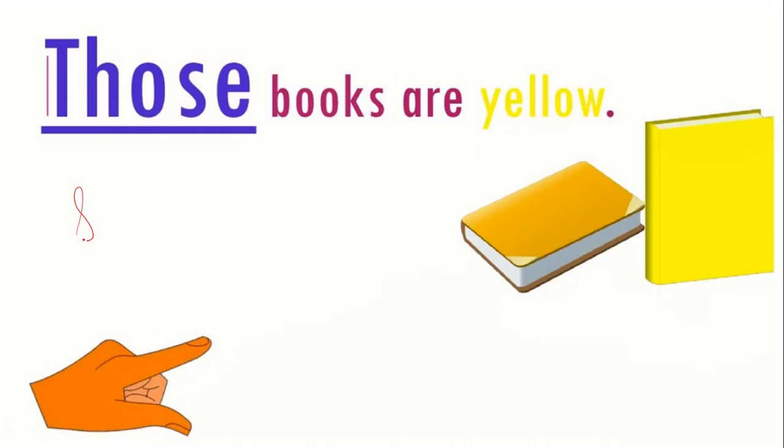And certain: a certain king was very kind. So these, such, certain, that, etc. are the demonstrative adjectives. There are not many demonstrative adjectives. We only have this, these, that, those, such, and certain.